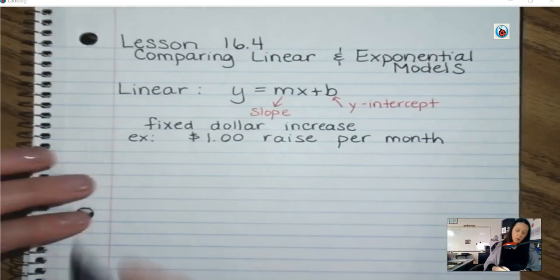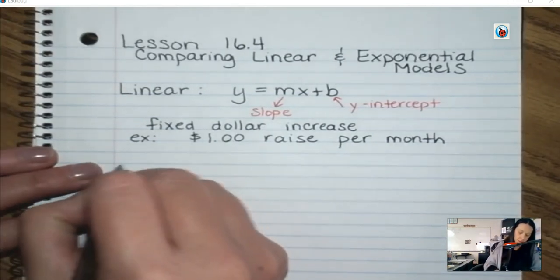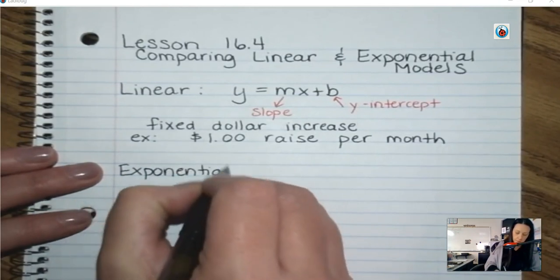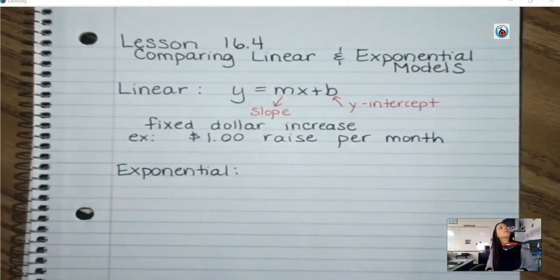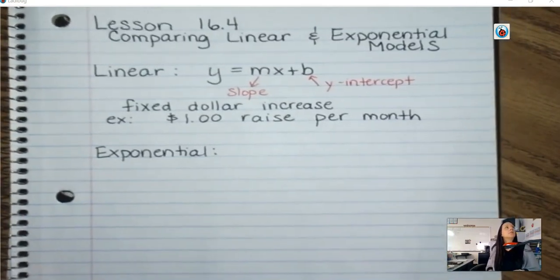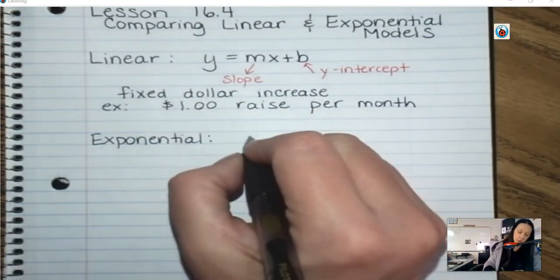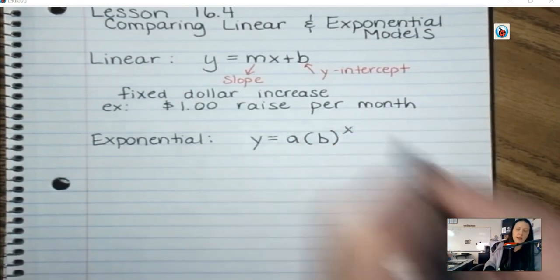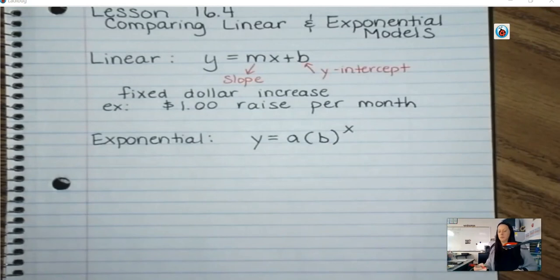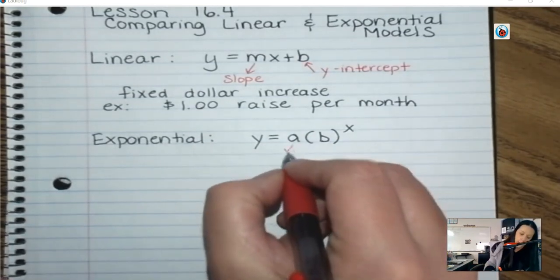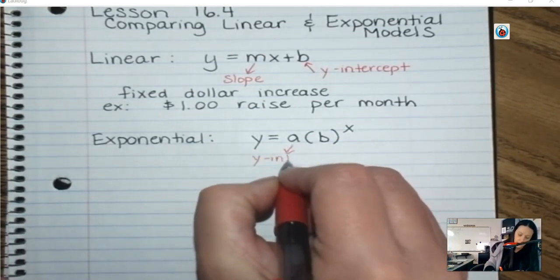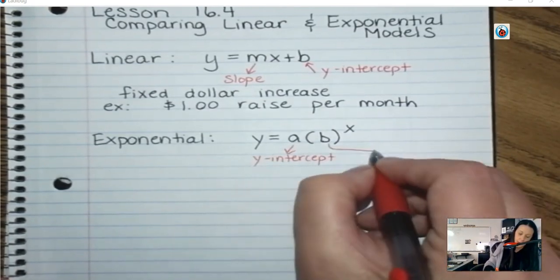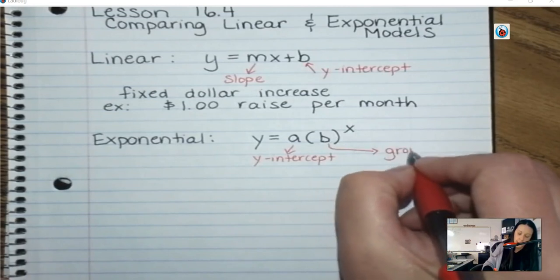And then what we've been working on now is exponential. Exponential uses the equation y equals a times b to the x power, a being the y-intercept, and b is the growth or decay.